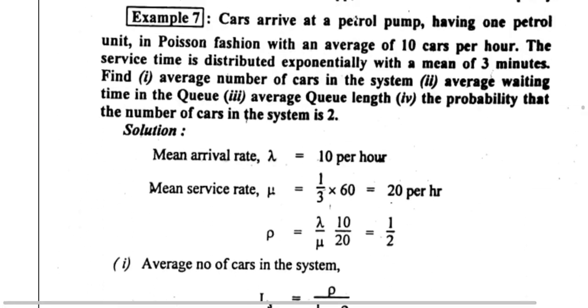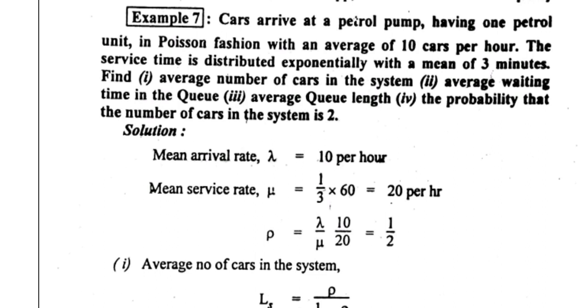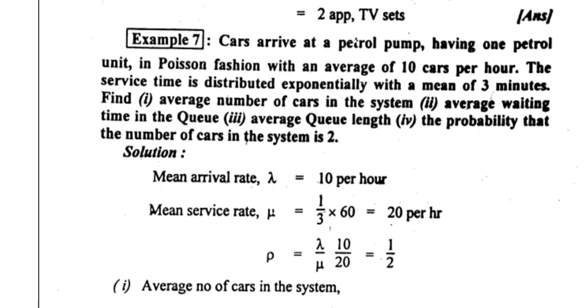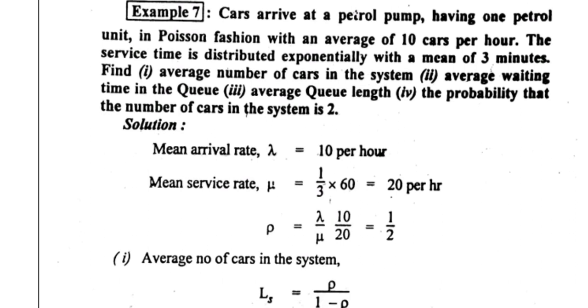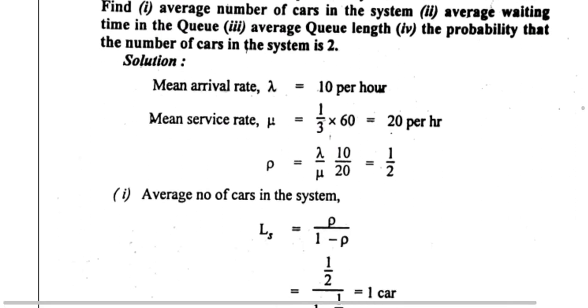So in this problem we have to calculate the average number of cars in the system, average waiting time in the queue, average queue length, and finally the probability that the number of cars in the system is 2. So these are the points we are going to cover in all the problems, and we have to apply these formulas.